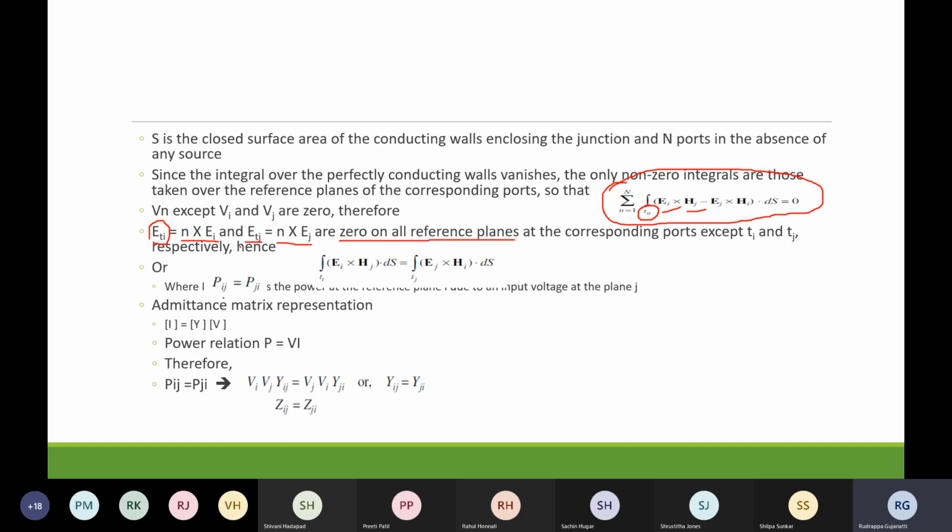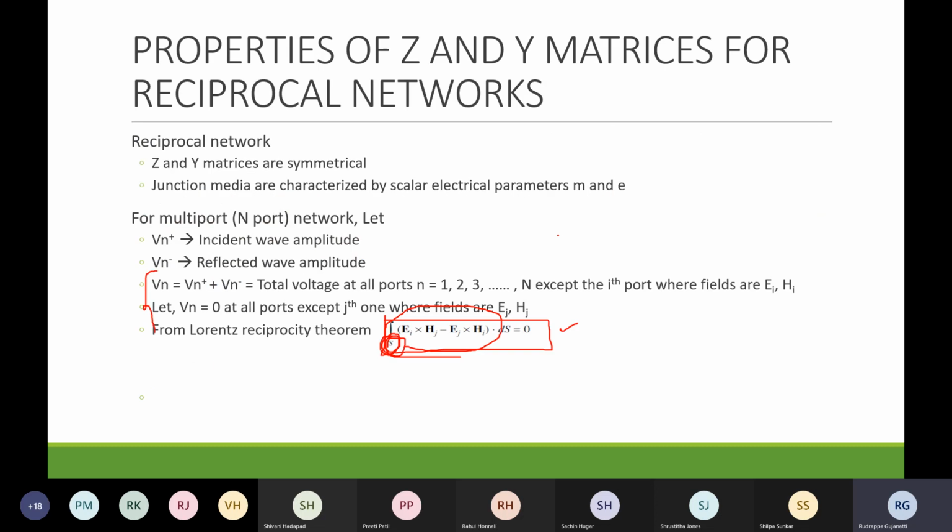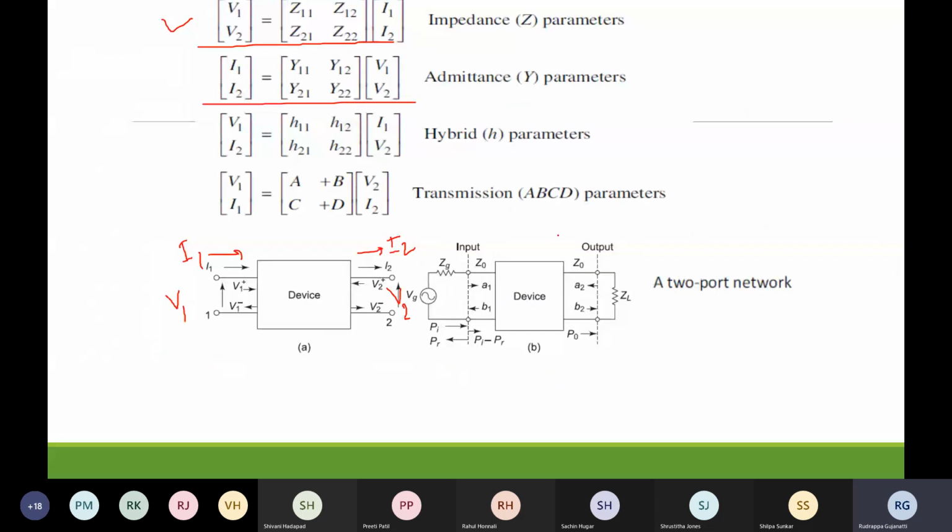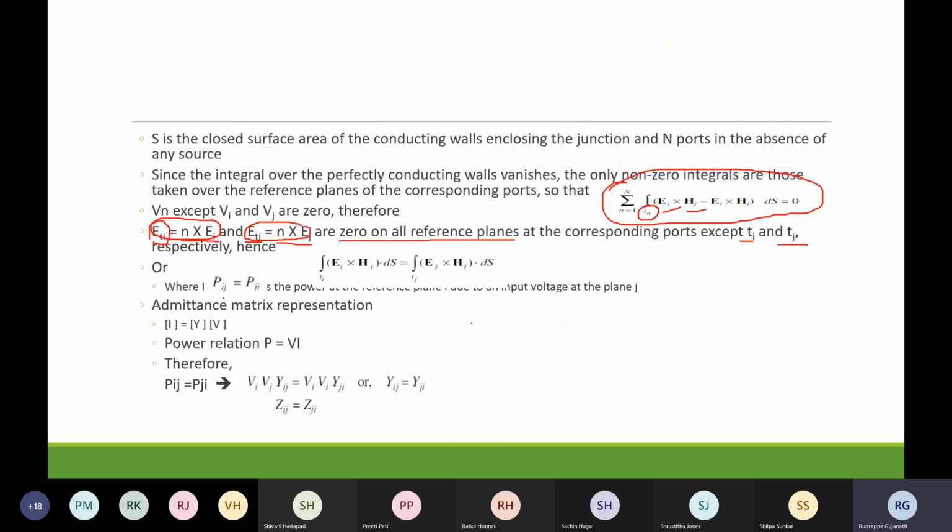So at the ports Ti and Tj, these values equate to 0 at all the reference planes we are considering. Yesterday we specified that when we want to analyze this, we consider a reference plane. With respect to that reference plane, ETi and ETj are all 0. It corresponds to the ports we are considering, Ti and Tj.